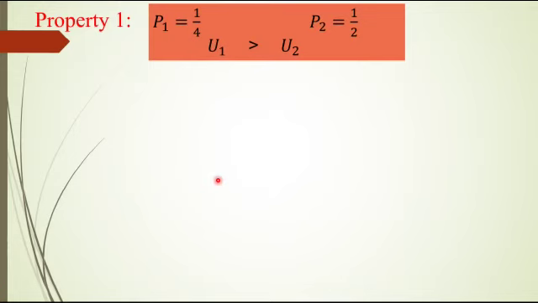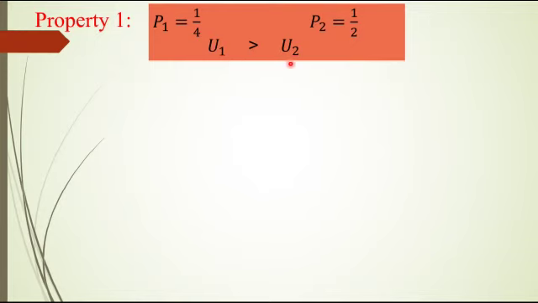One message has probability P1 equal to 1 by 4, and another message has probability P2 equal to 1 by 2. U1 is the uncertainty of the first message and U2 is the uncertainty of the second message.